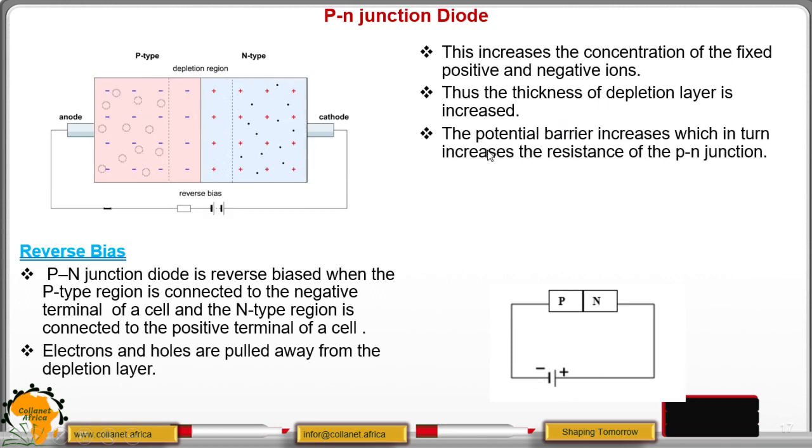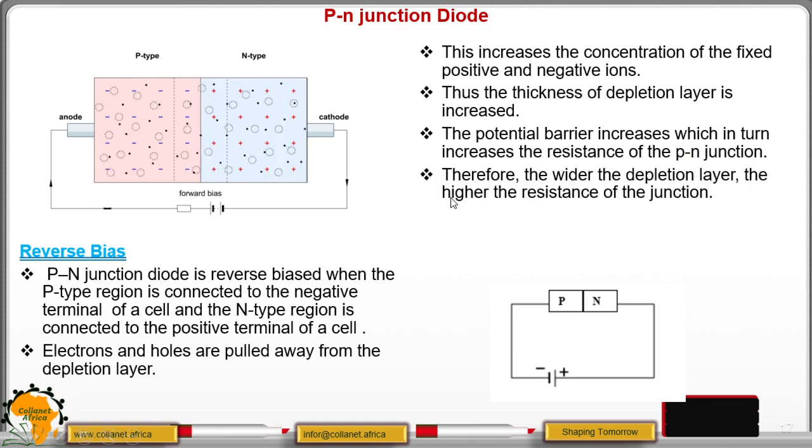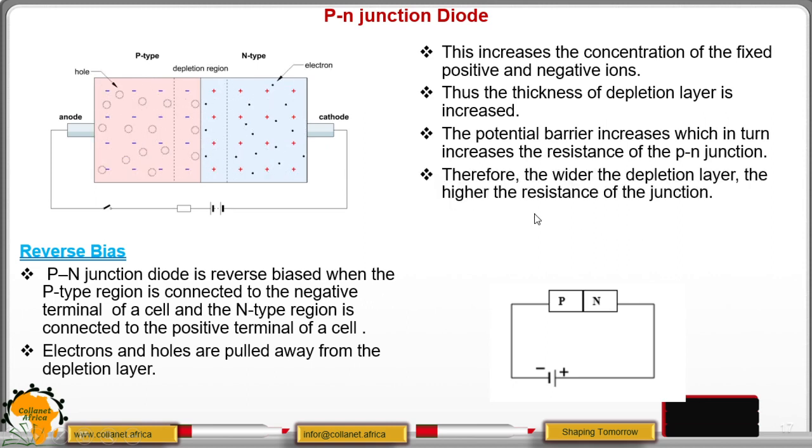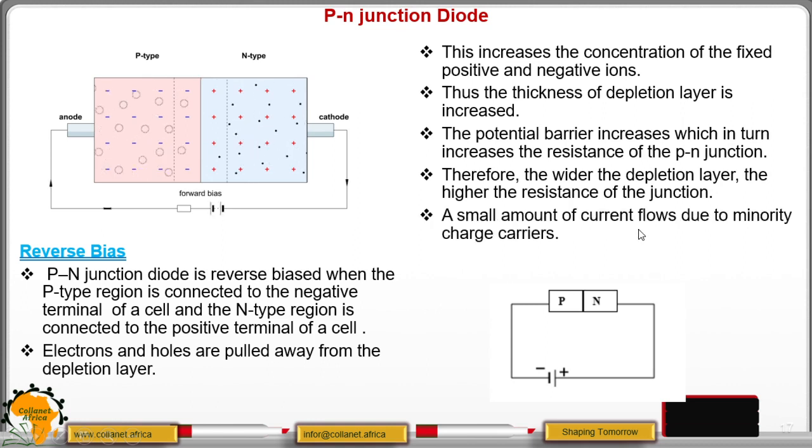When the depletion layer is thickened, the potential barrier increases, which in turn increases the resistance. When the resistance is increased, the conductivity is reduced. Therefore, the wider the depletion layer, the higher the resistance of the junction.